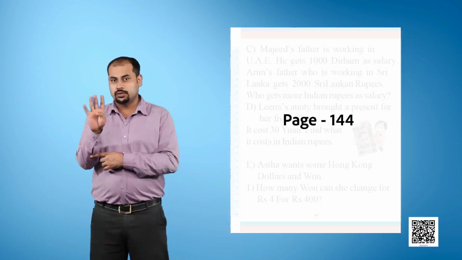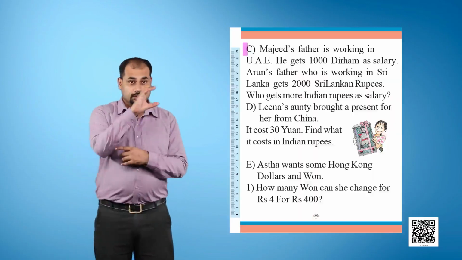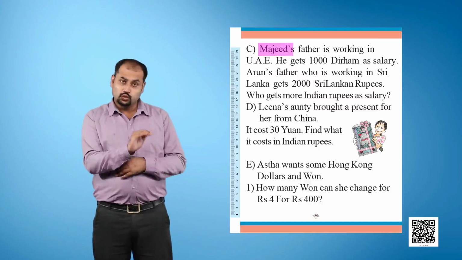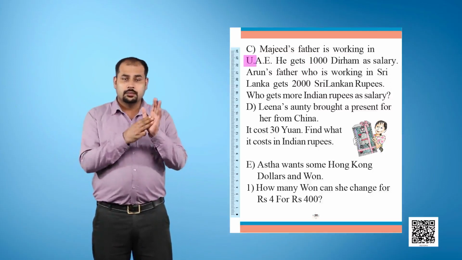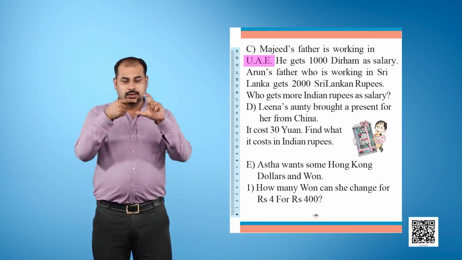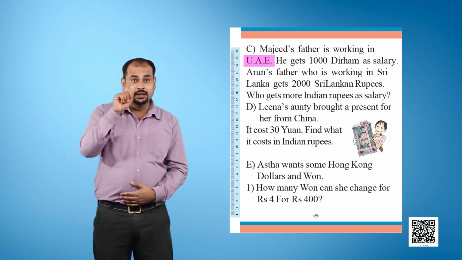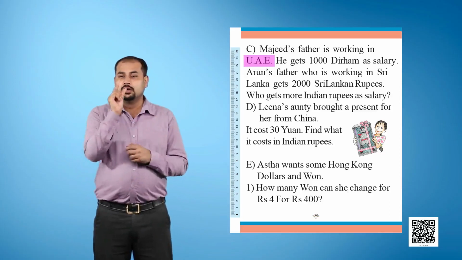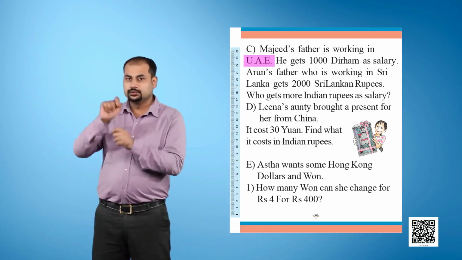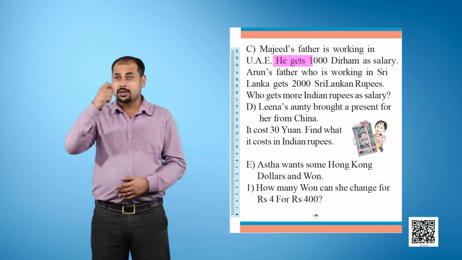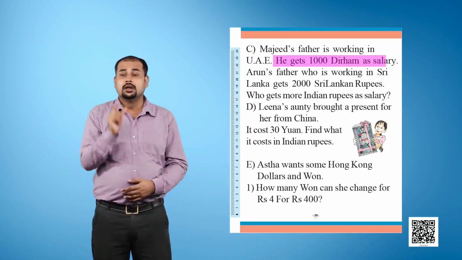Page 144. C. Majid's father is working in UAE. He gets 1,000 dirham as salary.